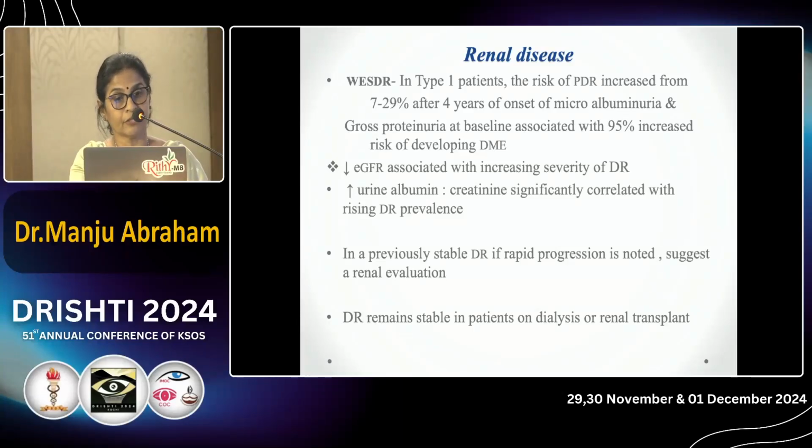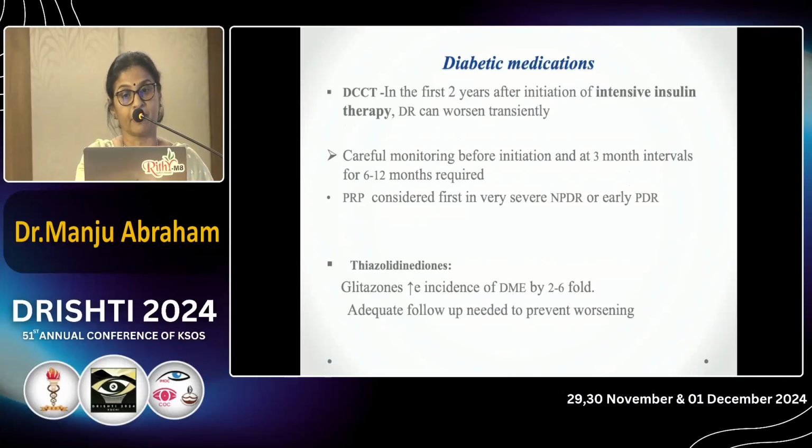A decreased GFR as well as an increased urine albumin creatinine ratio significantly correlated with diabetic retinopathy prevalence. If in a previously stable retinopathy patient a rapid progression is noted, the patient definitely needs a renal evaluation. We also see that retinopathy remains stable in patients who are undergoing dialysis or who have already had a renal transplant.